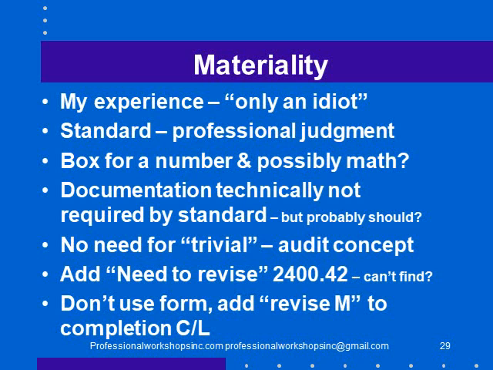Now again, documentation is technically not required by the standard, but maybe your professional judgment tells you you should, particularly, I guess, if you are the partner and you are writing down materiality so that your staff can use the number. So that's probably a reason you might want to write it down.